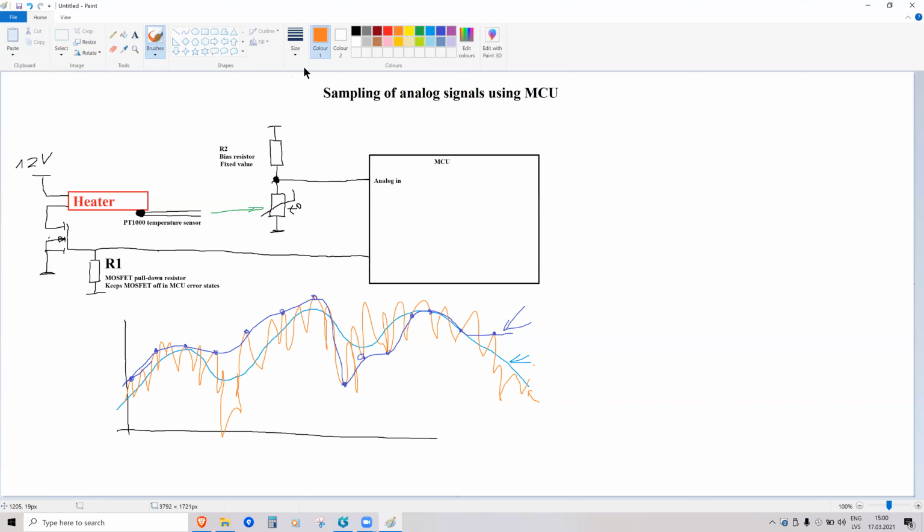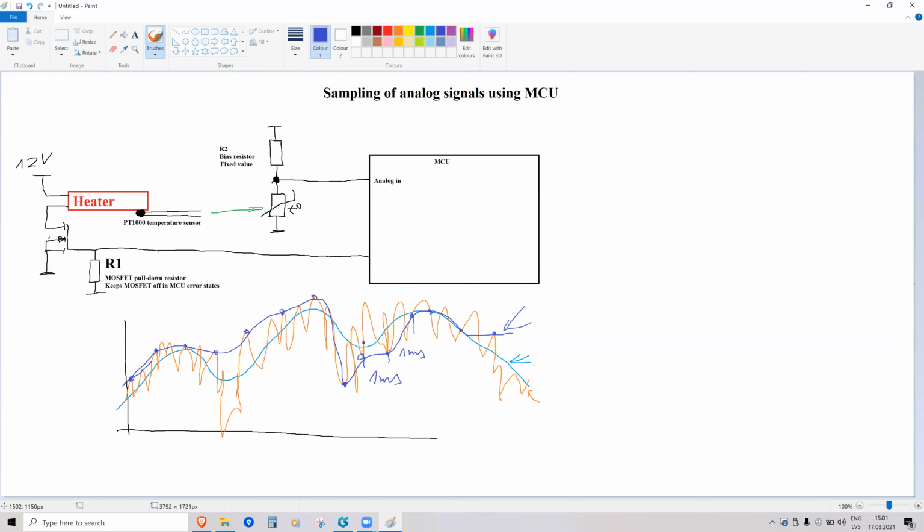From the signal theory, you maybe know that if you sampled much faster, you would sample correctly. So let's say this orange is the signal. Let's say I'm right now sampling at 1 millisecond.